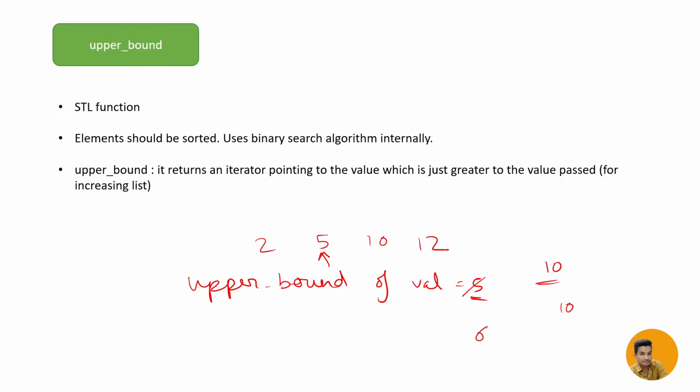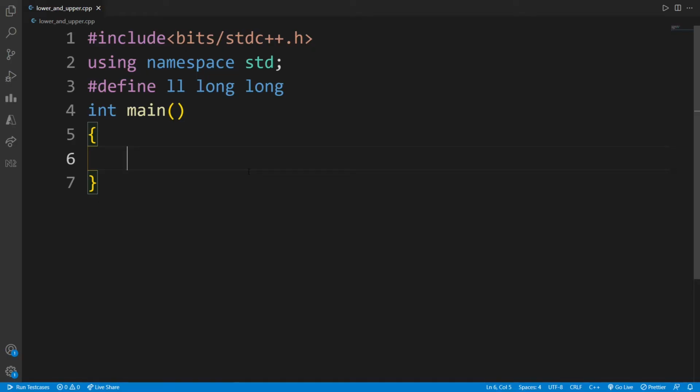And let's do it on VS Code practically. I will do the practical implementation on vectors and sets, and if that's clear, then you are comfortable with lower bound and upper bound.